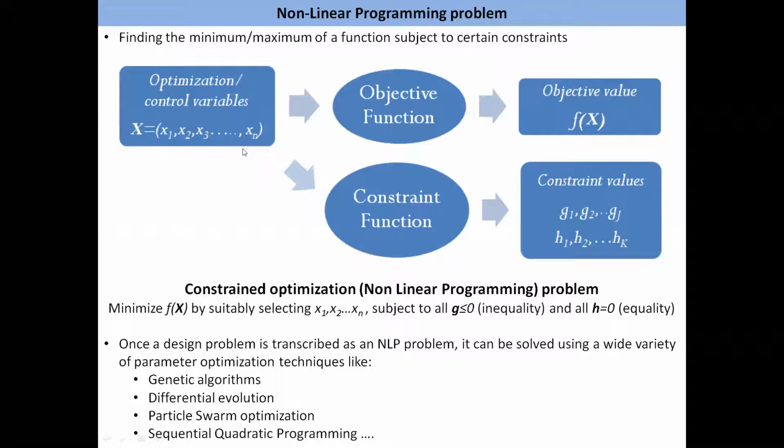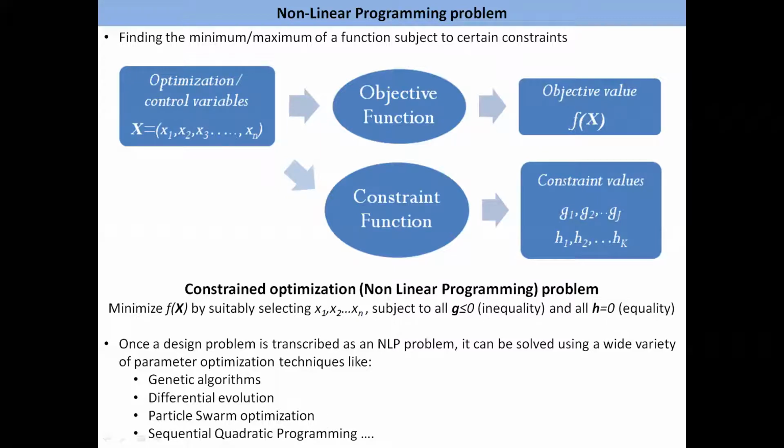If your design problem, any problem for that matter, but any design problem, and in our case specifically the entry problem, if you can transcribe it as an NLP problem, that's a nonlinear programming problem, it can be solved using a wide variety of parameter optimization techniques like genetic algorithms, differential evolution, particle swarm optimization, all of which are global optimization techniques.